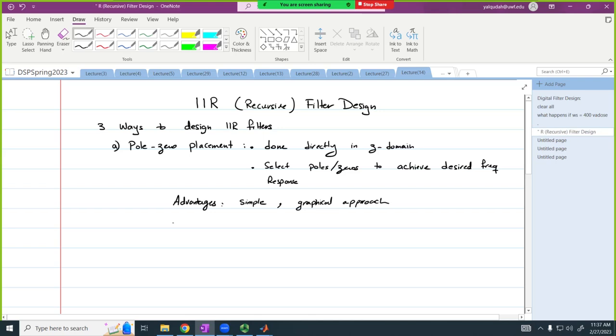And it has a disadvantage in that it is not optimal, and there is no recipe per se to follow in order to design the filter.